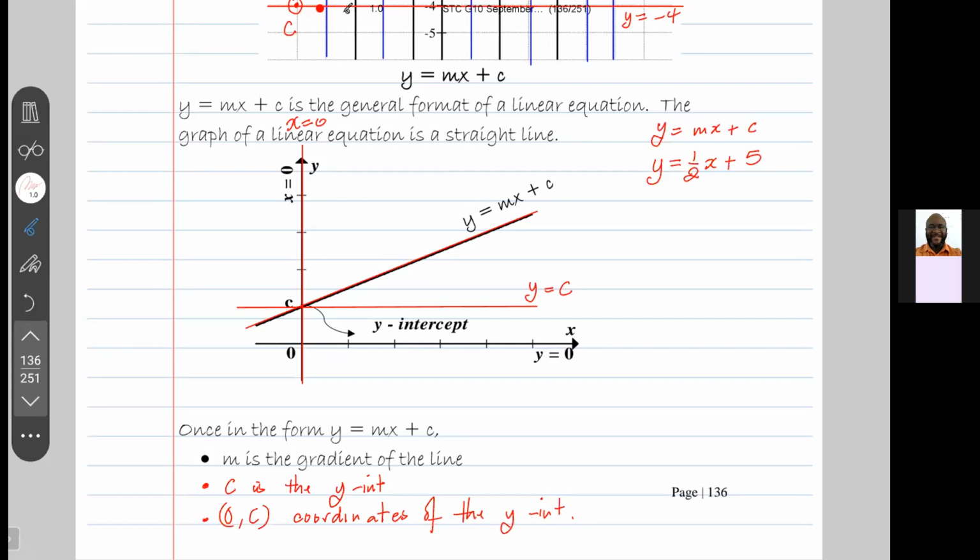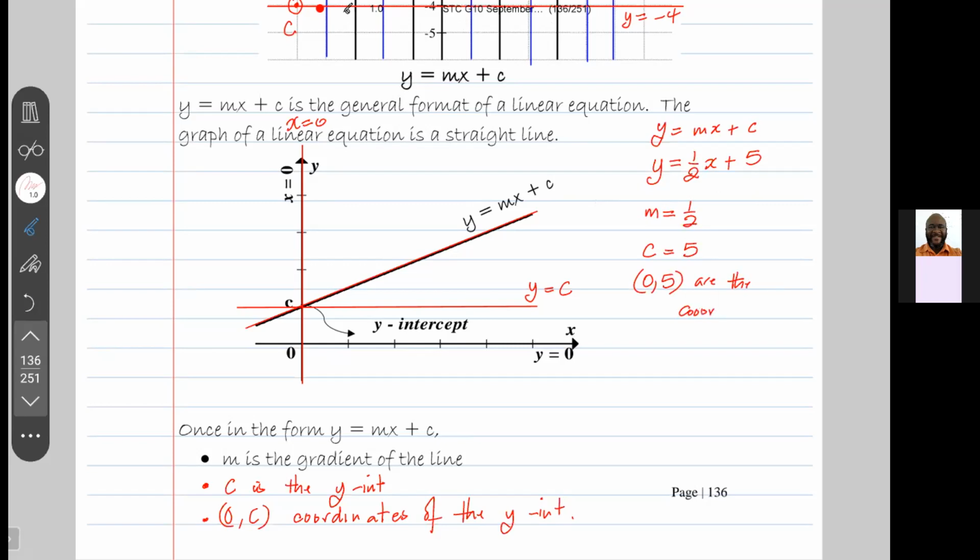Guys, once in the form y is equal to mx plus c, the number in front of x is m, and it is the gradient. The number at the end is c, the y-intercept, and that is 5. Now, the y-intercept is on the y-axis, so (0, 5) are the coordinates.